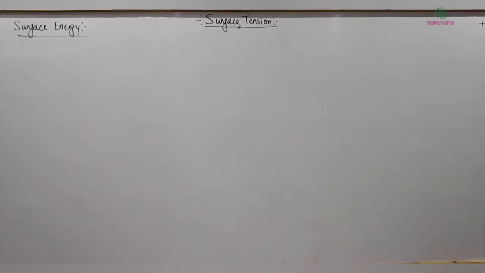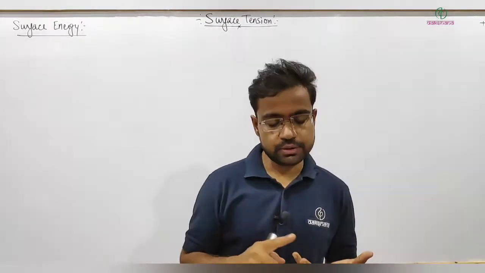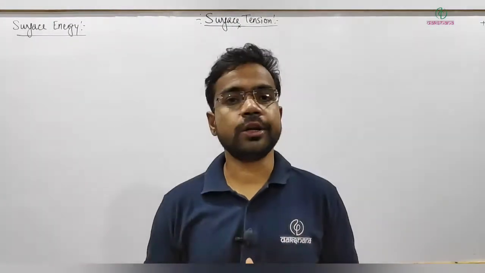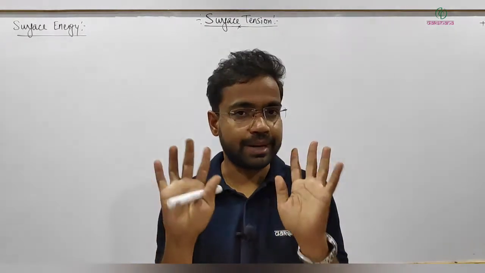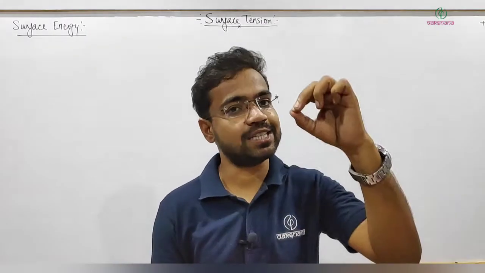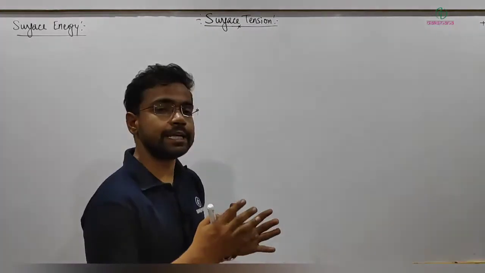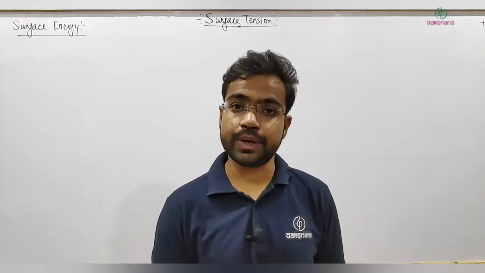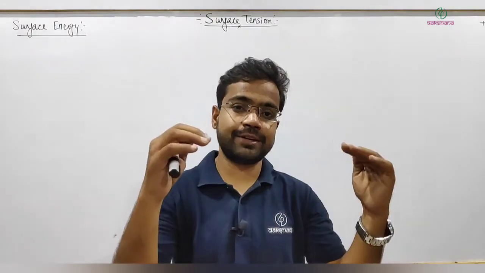Okay, next is surface energy. What is that? Surface tension we understood. Now see, all the molecules which are lying on the surface, you must be clear by this time, are experiencing a net downward force, is it? So if we want to increase the surface area, then what do we need to do actually? We need to pull the molecules from the interior to the surface.